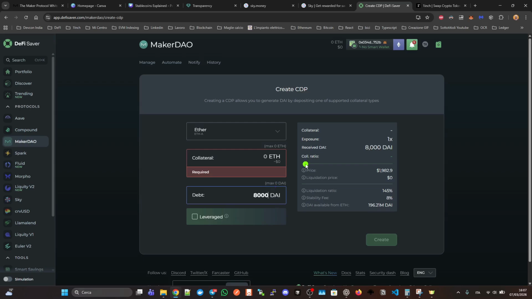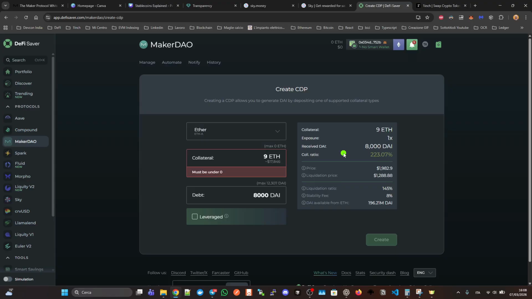Let's say we want to mint 8,000 DAI and want to provide as collateral, let's say, 20 ETH. There is a collateralization ratio of 500%. So if we reduce the collateral, let's say to 10 ETH, you can see that the ratio diminishes.